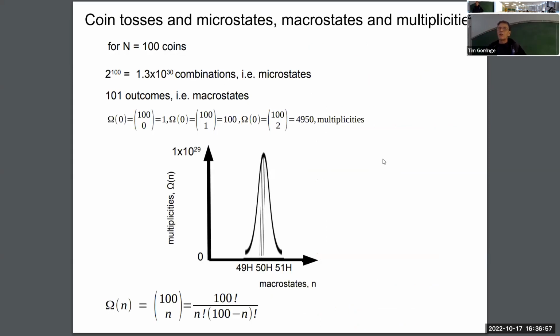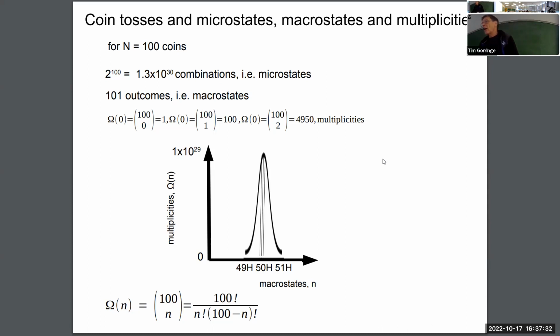If we were to toss not 3 coins, but 100 coins, we can also think about the number of microstates and the number of macrostates and the multiplicities. And as you go to larger numbers of coin tosses, you see interesting patterns emerge in the multiplicities of the numbers of microstates within a given macrostate.